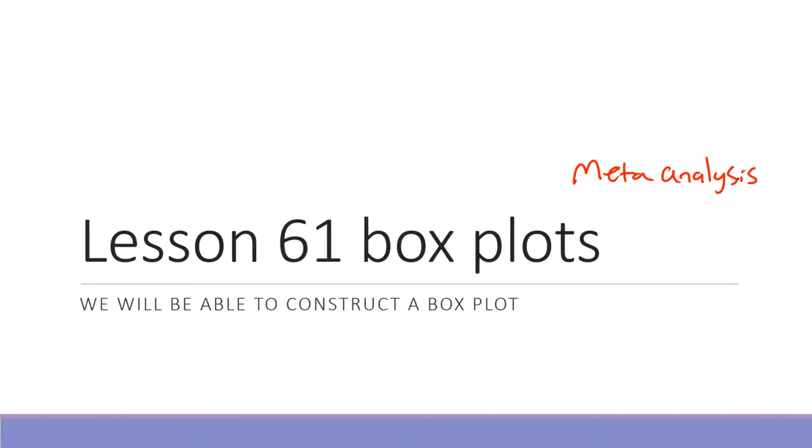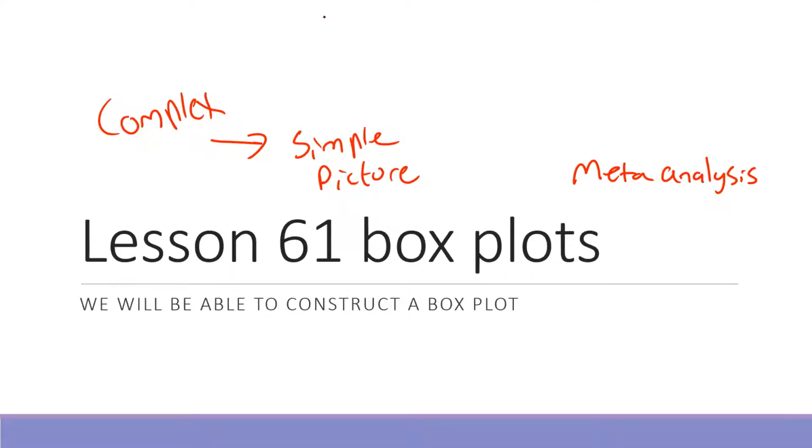And they allow us to reduce a lot of complex ideas into a very simple picture. And I think that's really useful, because that's ultimately what all of statistics and graphing is about: trying to get a complex idea and turn it into a picture.